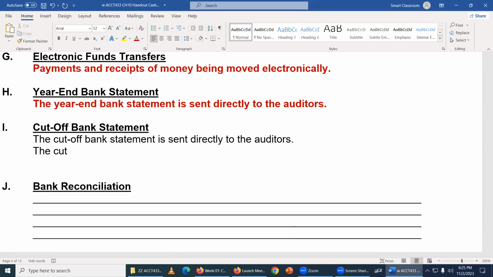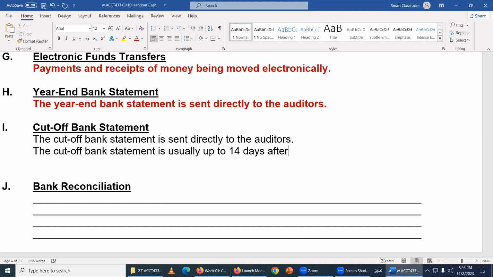The cutoff bank statement is usually up to 14 days, say, after year end.